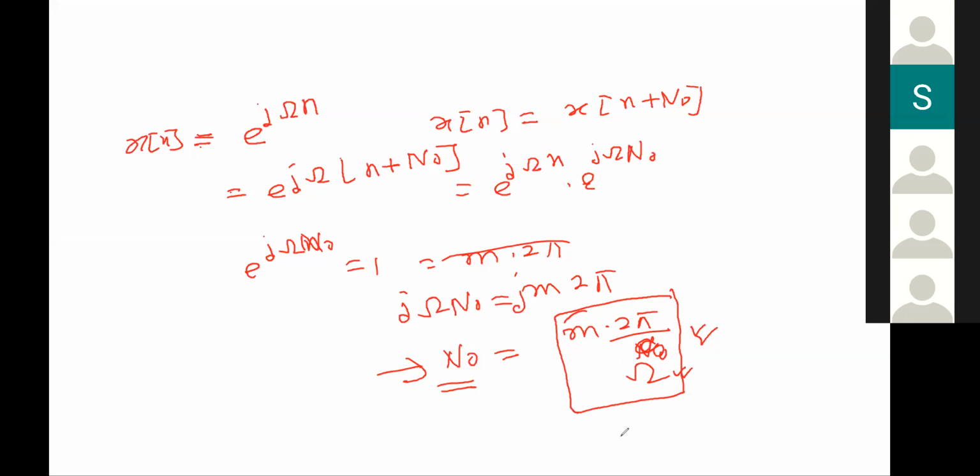I discussed in the last class that if we have a rational number expressed this way, we can make it an integer by multiplying it with a factor equal to m.